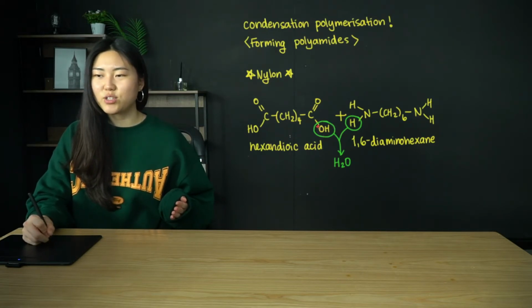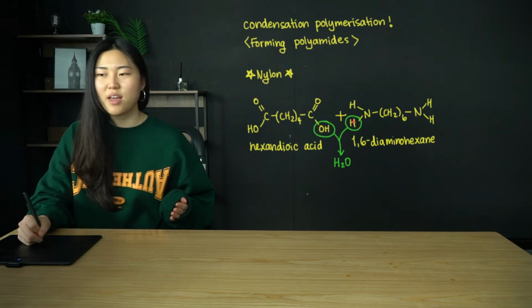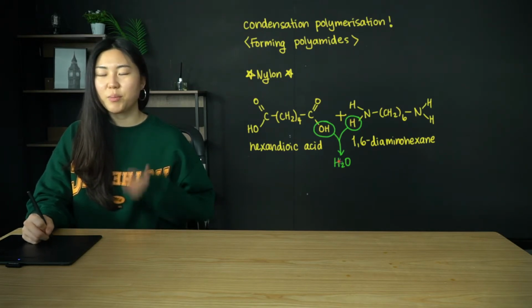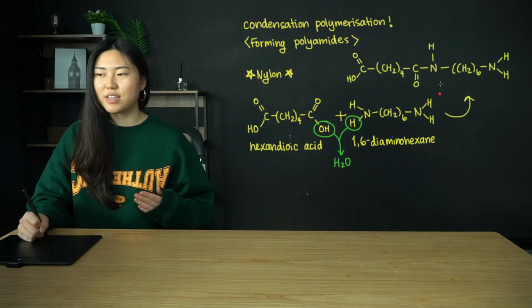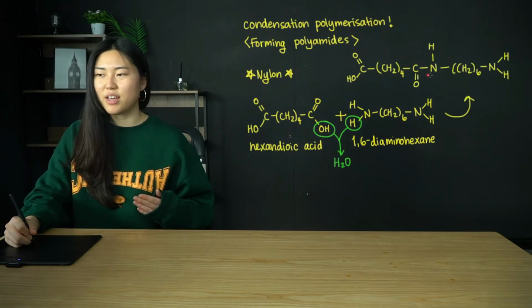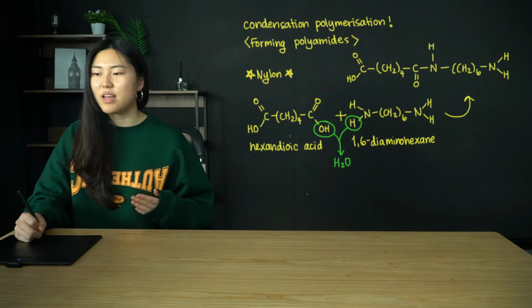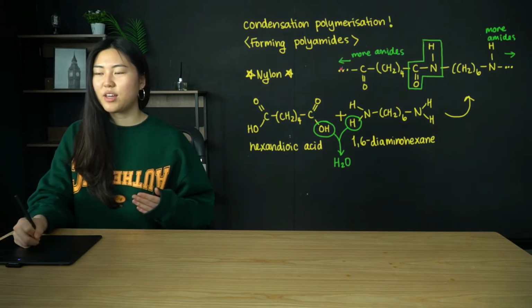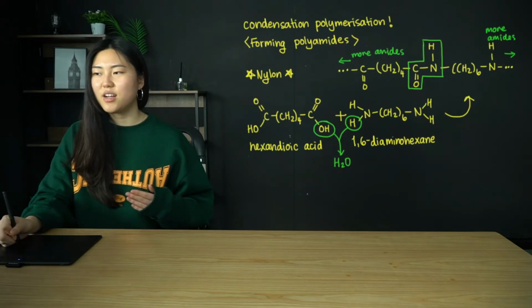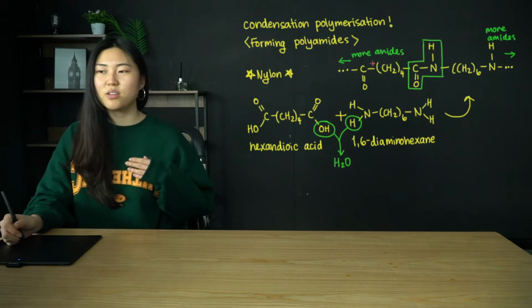The OH from the carboxyl group and the H on the amine group are going to be removed, forming water. And so we're going to get an amide bond over here like this. This is our amide bond that has formed. You can make more amides on either side of the molecule.